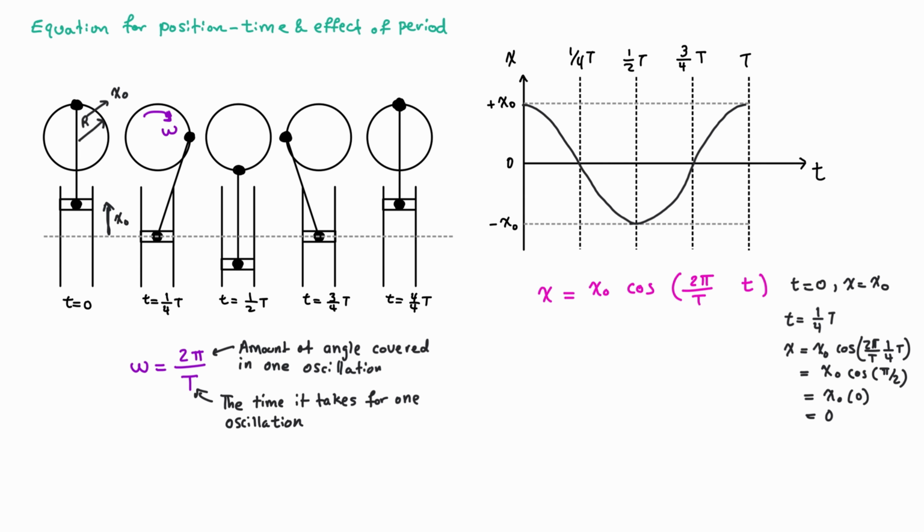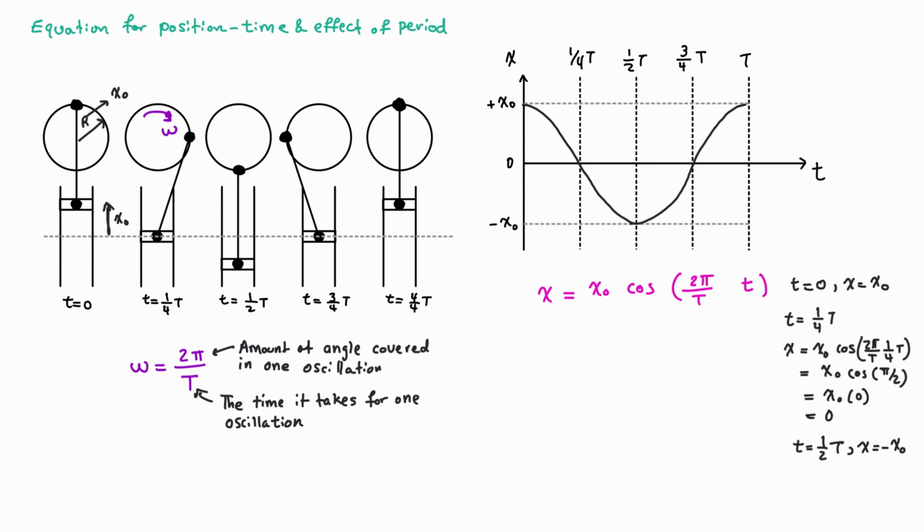We can do this for other times as well. For example, at a time which is half of the period, if you plug in 1/2 of the period here, the periods cancel out, the 2's cancel out, and we are left with cosine of pi, which is -1, and the amplitude times -1 is the negative of the amplitude, and our position at that point is exactly that.